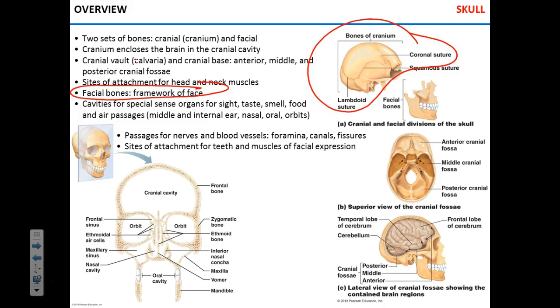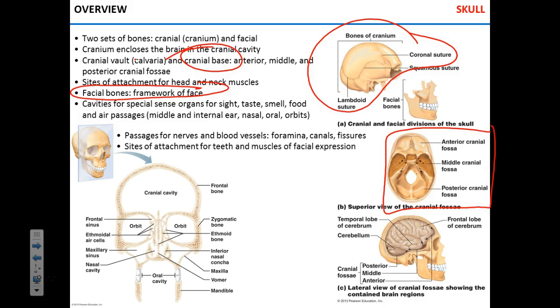Cranial bones can be divided into two separate subgroups. This part right here is called calvaria, pretty much the lid of your cranium. These bones, fragments of those bones, form the cranial base. Inside the cranial base, you can see three fossae: anterior fossa, middle fossa, and posterior fossa.